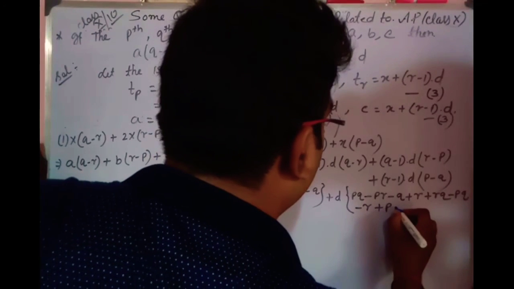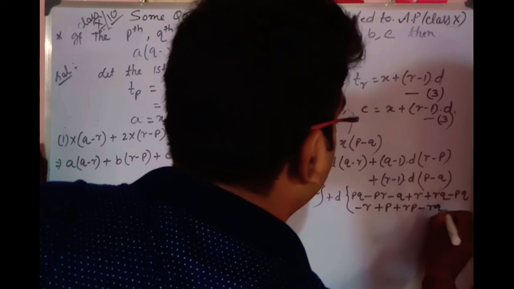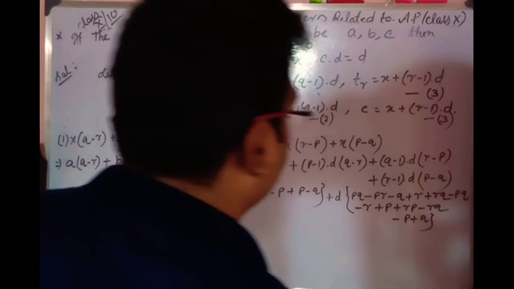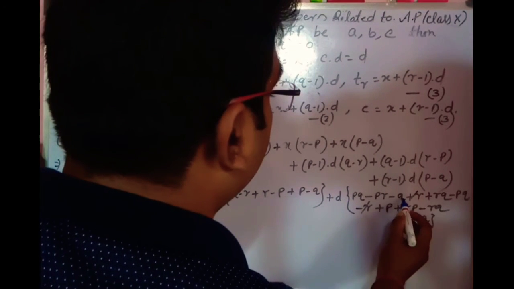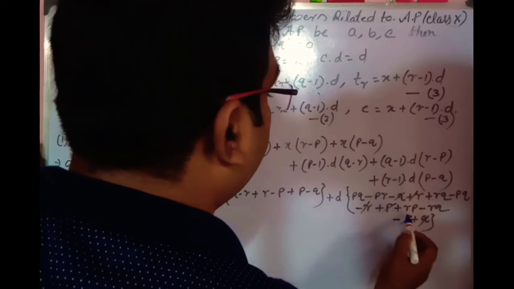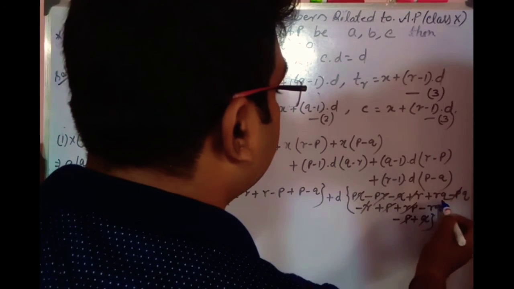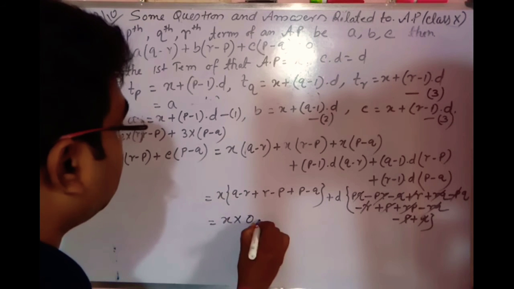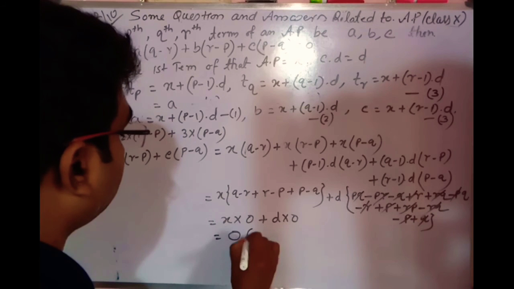Multiplying the last term, we get rp minus rq minus p plus q. Okay, so minus r cancels, minus q cancels, plus p cancels, minus pr cancels, pq cancels, rq cancels. So we get x into 0 plus d into 0, that is equal to 0. That will be my answer.